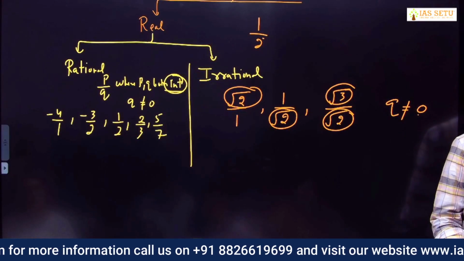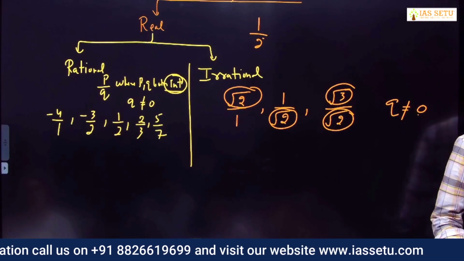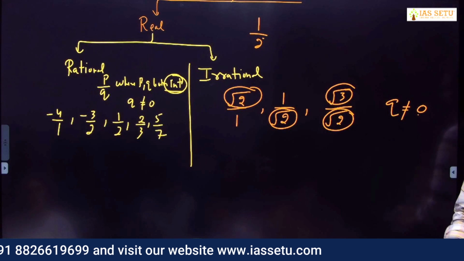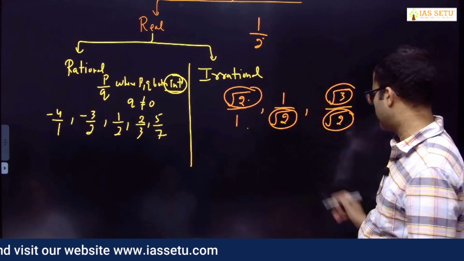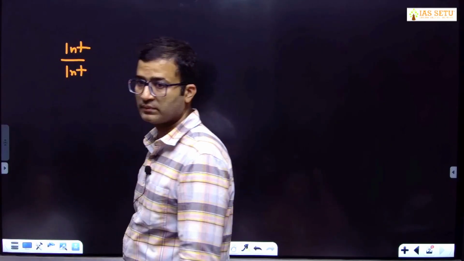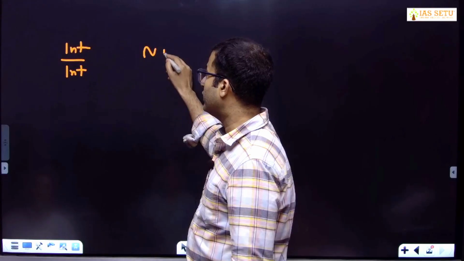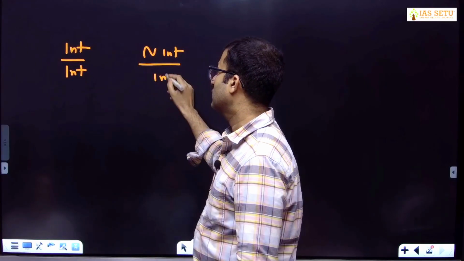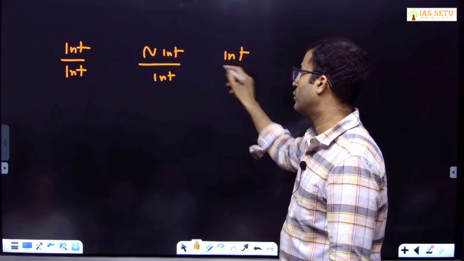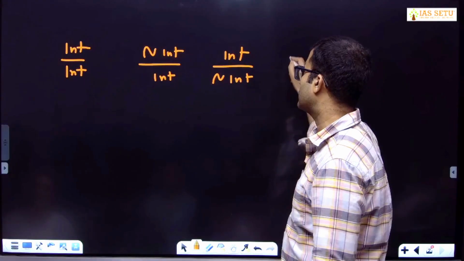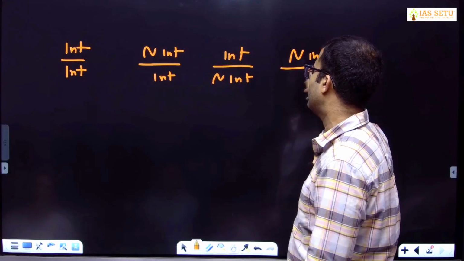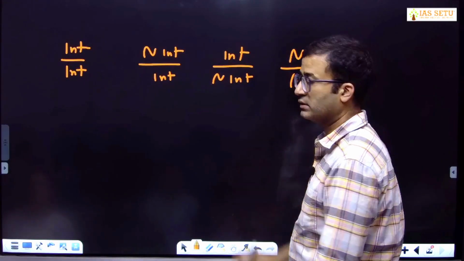At least one of numerator or denominator is non-integer, because the moment it is integer upon integer, see, you can express this in four things. One is integer upon integer, second is non-integer upon integer, third is integer upon non-integer, fourth is non-integer upon non-integer.